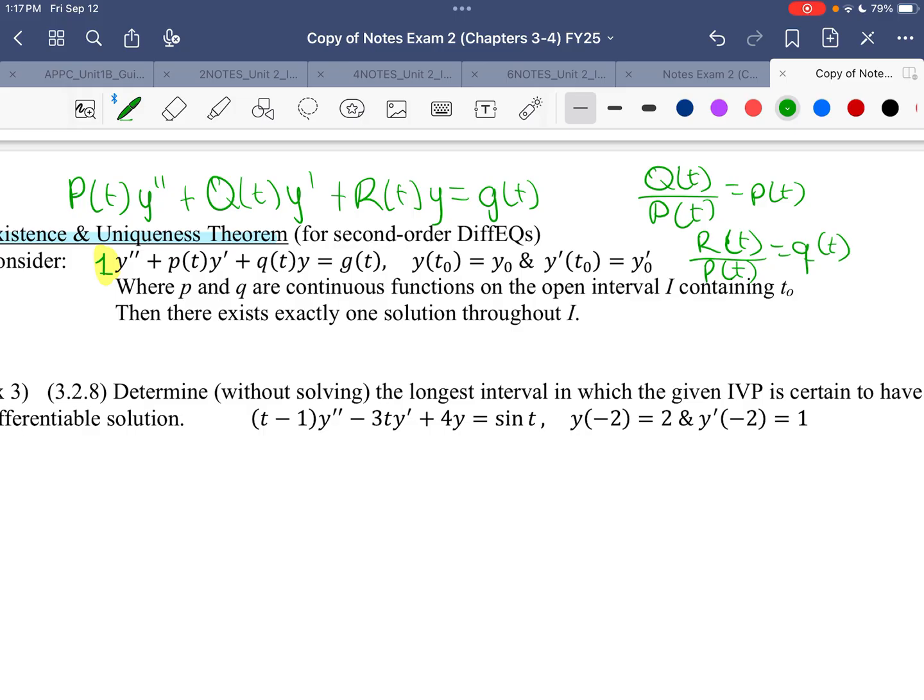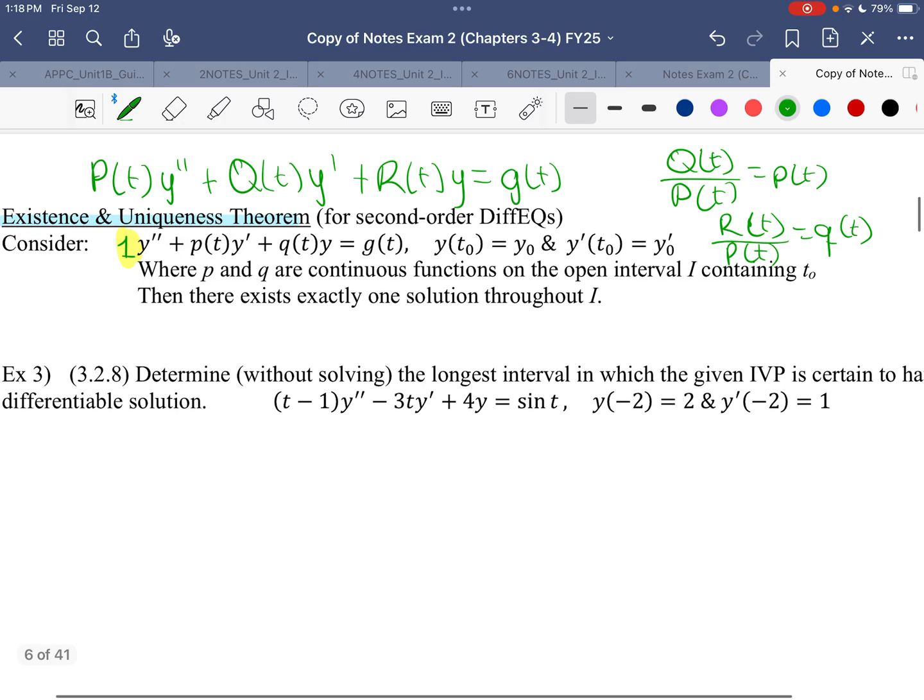It is necessary to figure out what happens when I divide everything by that leading coefficient in front of the second derivative. I think it's unnecessary that they use the same letters, just capital and lowercase. I find that a little bit annoying, but whatever.